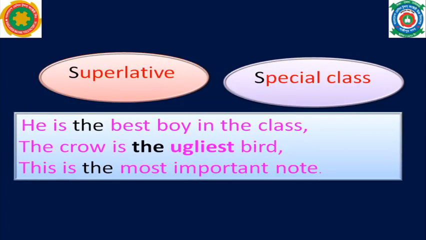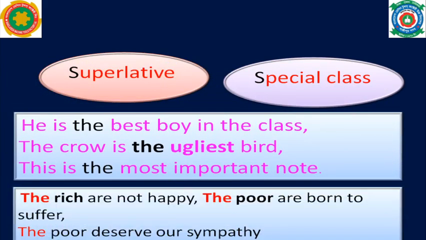So before the superlative, that's a special class. You know very well, in our previous class about degrees, I taught you the superlative degree. He is the best boy in the class. So it's the superlative form: good, better, best.